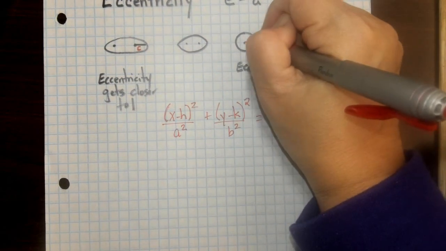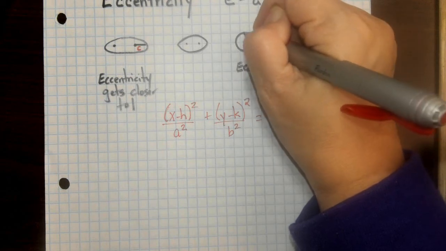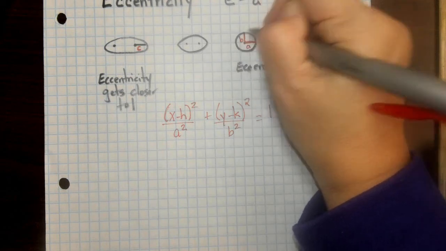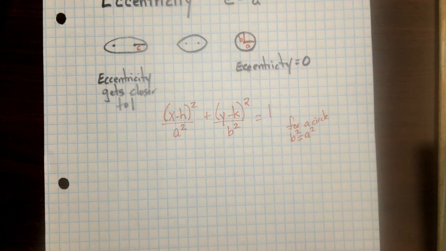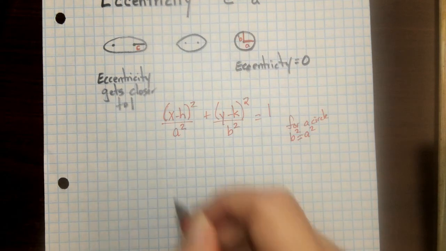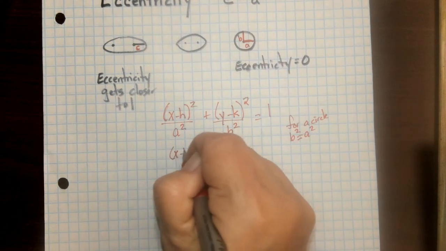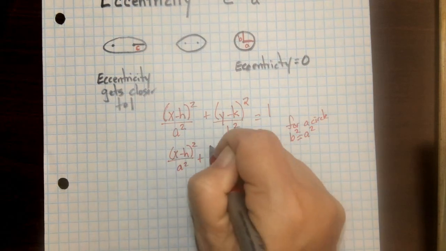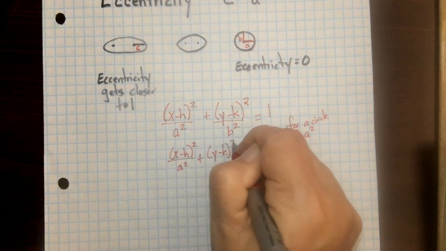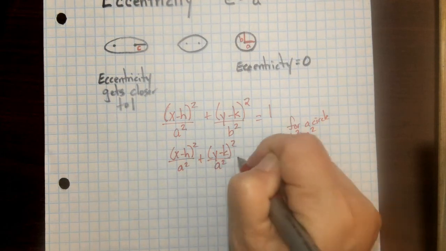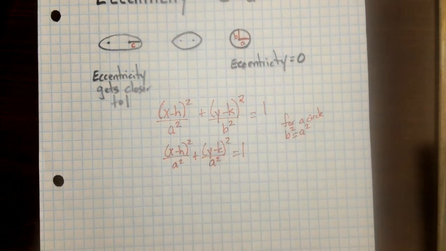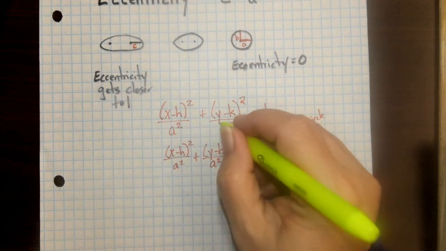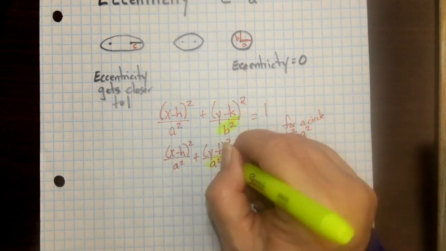This distance here, which is a, and this distance here, which is b, they're exactly the same. So my equation becomes x minus h squared over a squared plus y minus k squared over a squared equals 1. Because b squared and a squared are exactly the same amount.